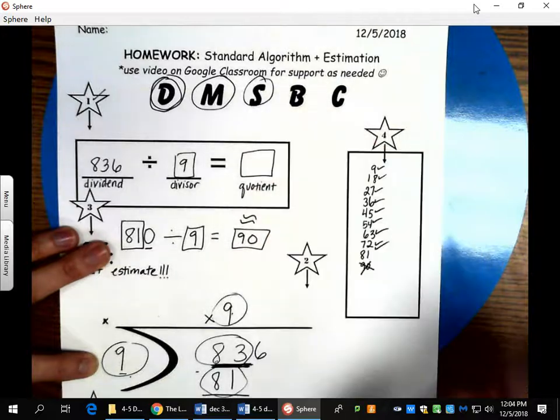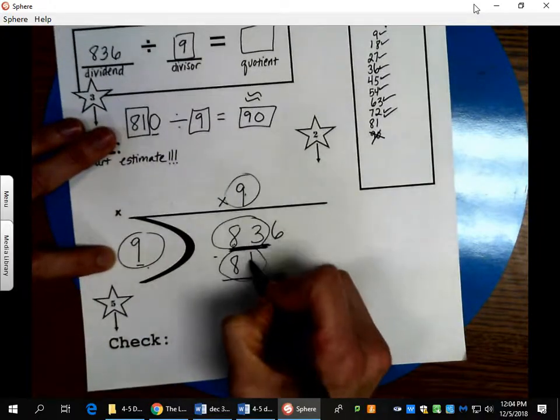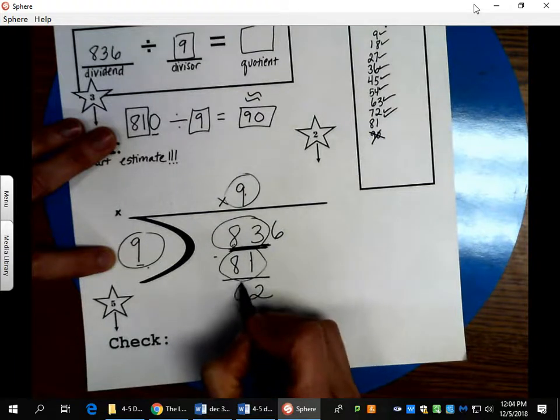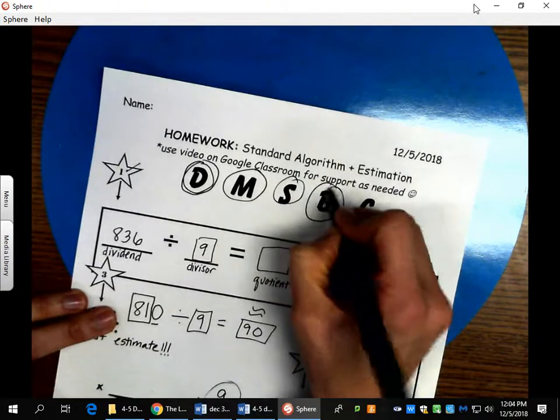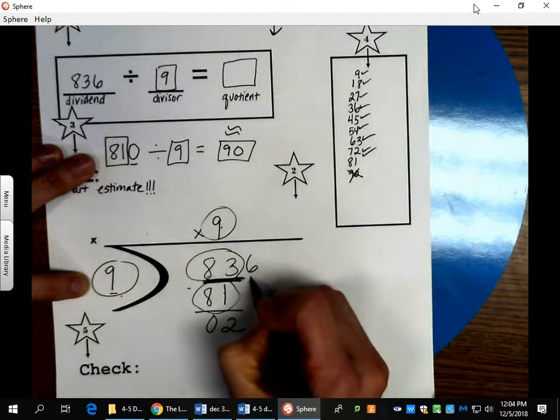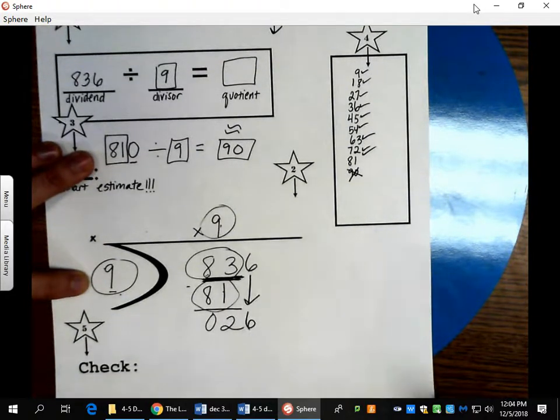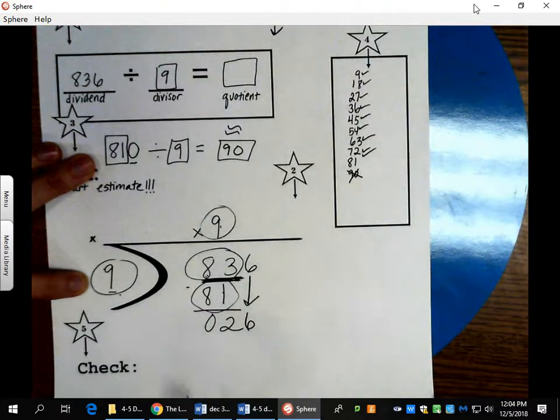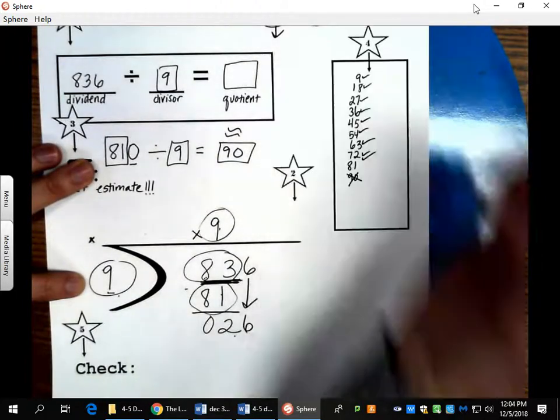Now my subtraction step, 3 minus 1 is 2, and 8 minus 8 is 0. Now my bring down step, bringing down the 6. And check to see that I can keep going. Does 9 go into 26? Yes, I can keep going. Okay?